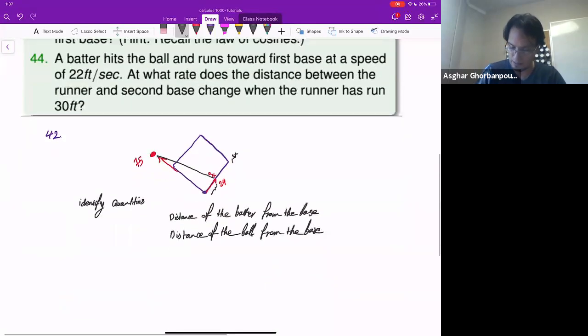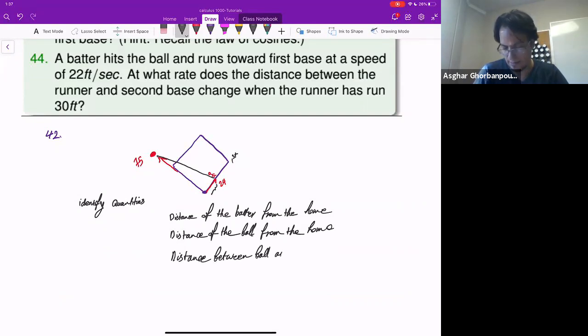Yes, these are all home. I'm writing base, so this is home, home, and then the distance between the ball and the batter. So these are at least the three things that we can see.